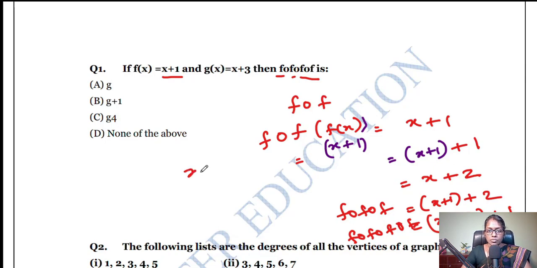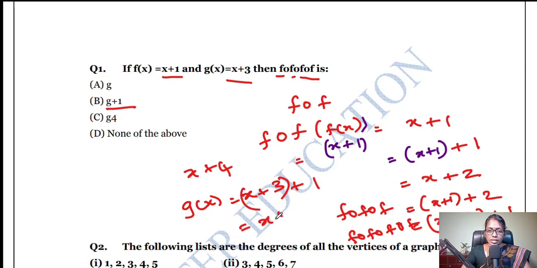How can you write x plus 4? In the options, x plus 4 is not directly present, right? But they said g of x plus 1. So what is the g of x value? G of x equals x plus 3. If you write g of x plus 1, you will get x plus 3 plus 1, which is x plus 4.